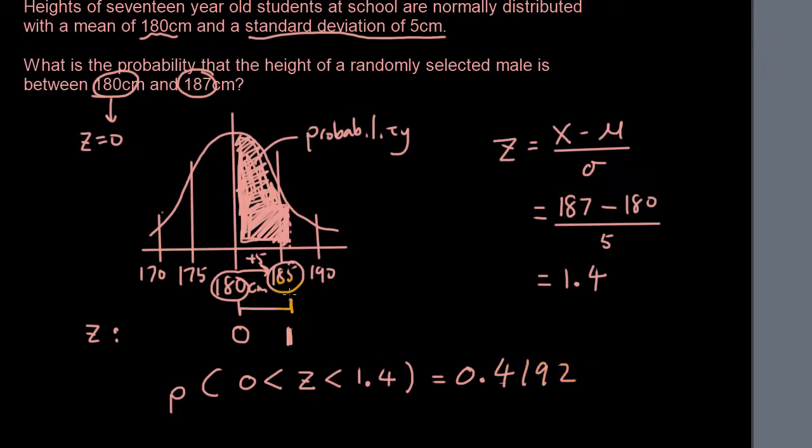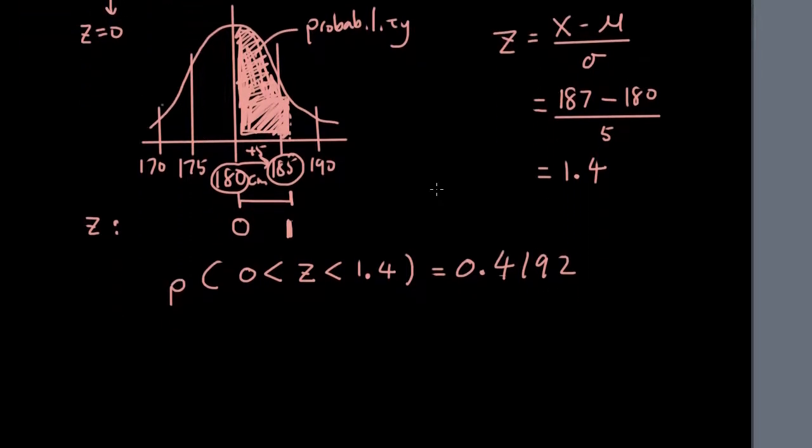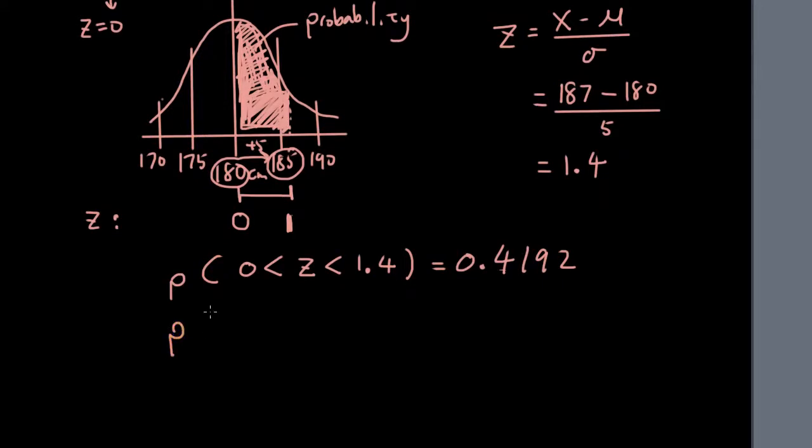That is the probability of getting a z-score between 0 and 1.4, or between 180 and 187. So you can write it like this: 180 to 187 is 0.4192.